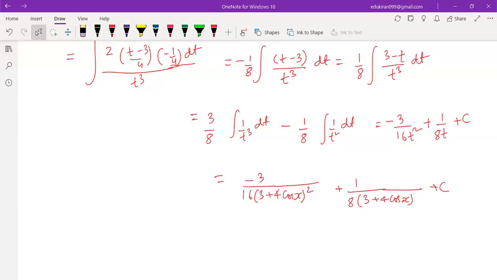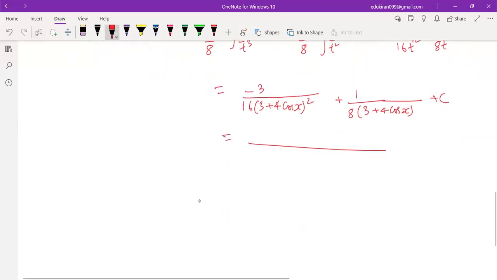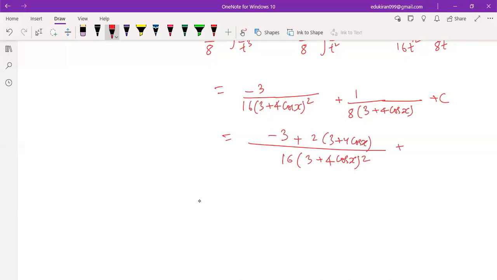So your answer will become, now we can take LCM also to match the final answer. So I will give you the time to write above steps. It will be 16, 3 plus 4 cos x whole square minus 3 plus 2, 3 plus 4 cos x plus c.